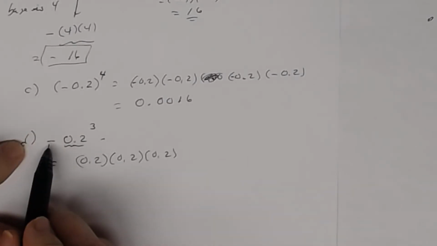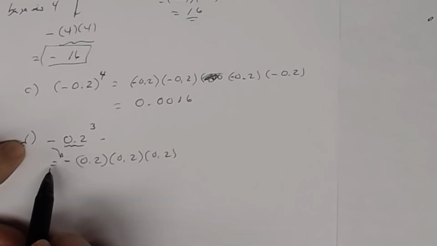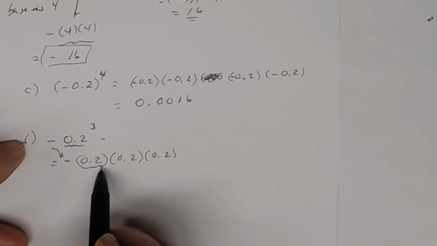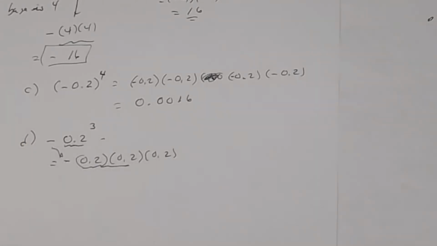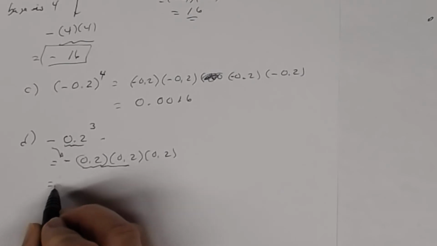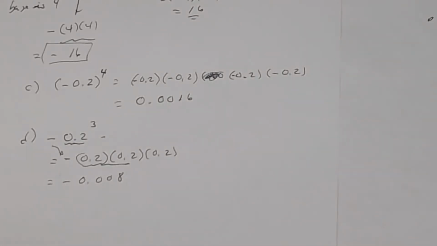But remember, there's a negative out in front, so you got to put a negative here. You got to bring that down. And so 0.2 times 0.2 is 0.04, and then 0.04 times 0.2 is 0.008. So it becomes a negative 0.008. Okay?